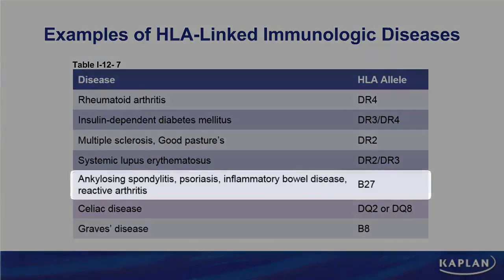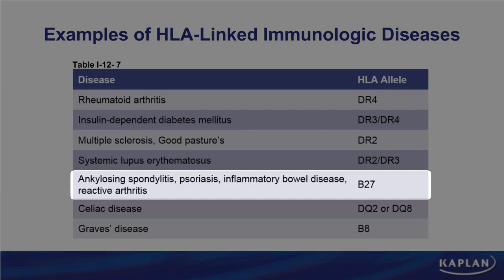HLA-B27, though, is a big one as far as class 1 associated diseases. I don't necessarily want you to memorize this table, but know HLA-B27, and you definitely want to know that that's class 1. And the diseases here, especially ankylosing spondylitis and reactive arthritis, are going to be pretty high yield.